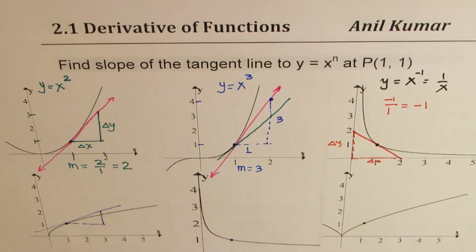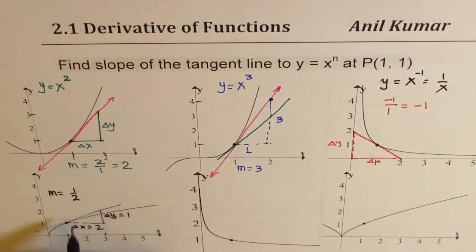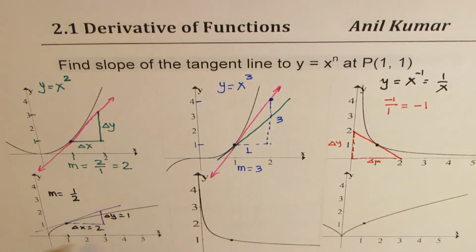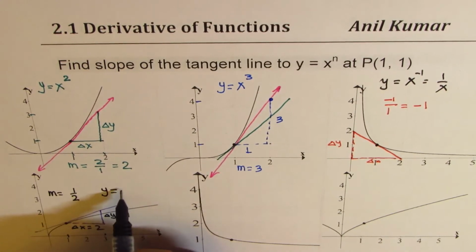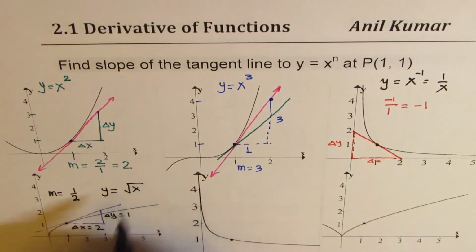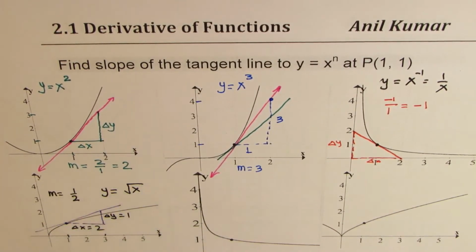In this particular triangle, I notice that change in y is 1 and change in x is 2, from 1 to 3. And therefore, in this case, the slope is 1 over 2. Since it is rising, it is positive. And the graph here is y equals square root of x. Do you see that? x to the power of half.